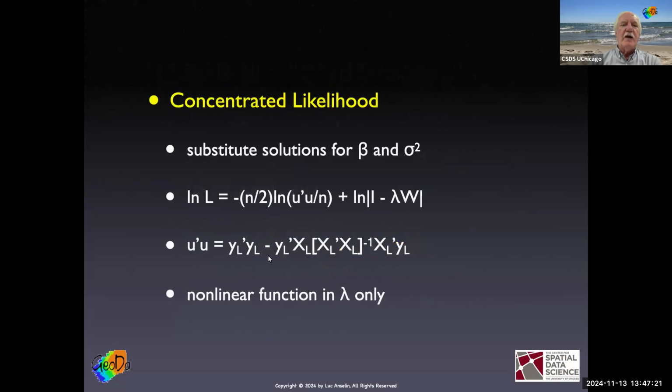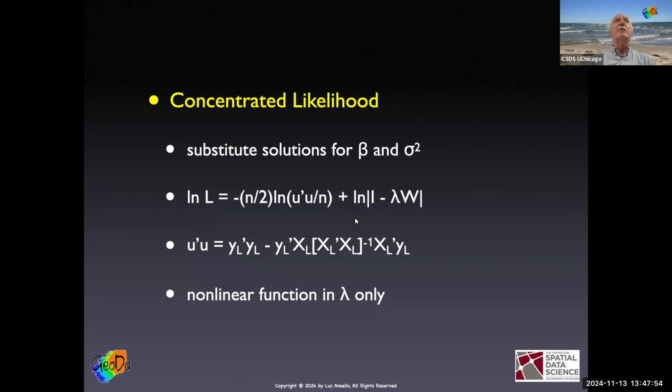So what does this look like? It looks like a very complicated thing, but after some algebra, just like in the lag model, remember what we did in the lag model, we were able to spell out the solution for beta as a function of rho, the solution for sigma square as a function of rho. We plug that into the log likelihood, and that gives us a concentrated log likelihood with just one parameter.